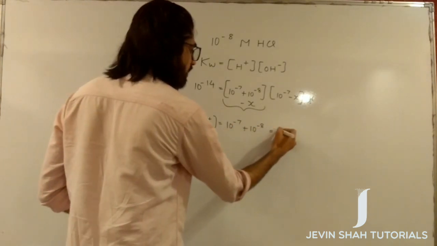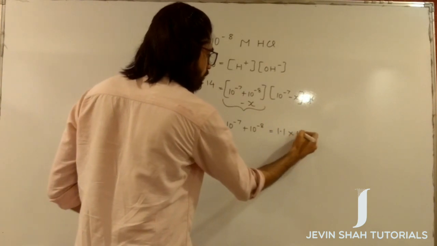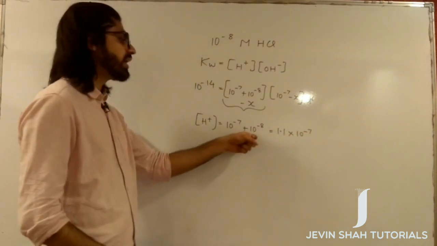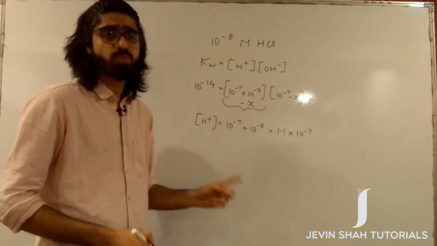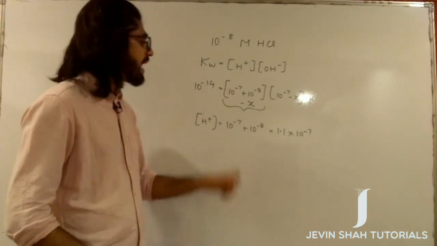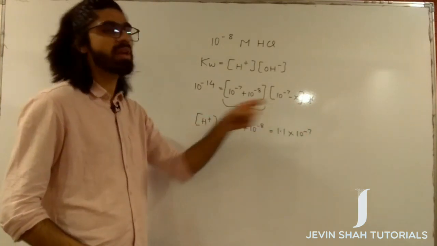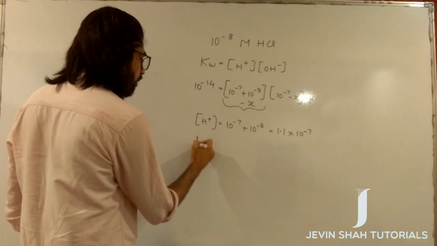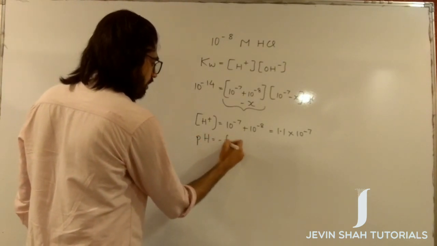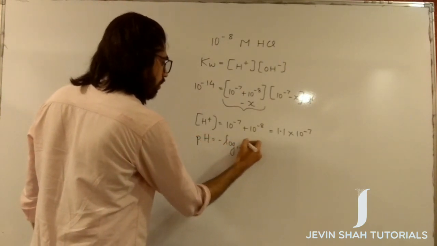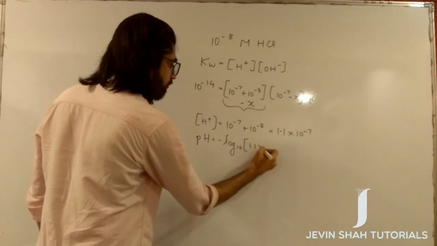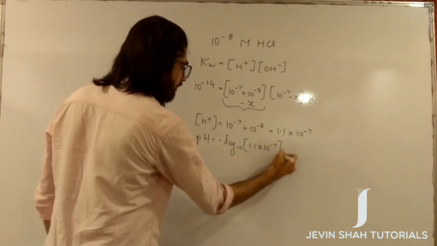This addition of numbers will give you 1.1 into 10 to the power minus 7, because you can write 10 to the power minus 8 as 0.1 into 10 power minus 7, and finally you take minus log to the base 10 of this. So pH will now be minus log to the base 10 of H plus, which is 1.1 into 10 to the power minus 7.